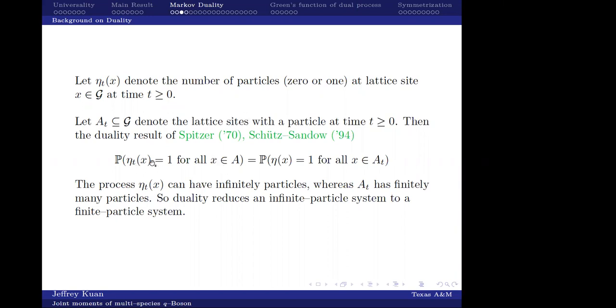You look at the probability that every particle in A is occupied in eta, and here you let eta evolve. Here you let A evolve. Duality says these two are equal.